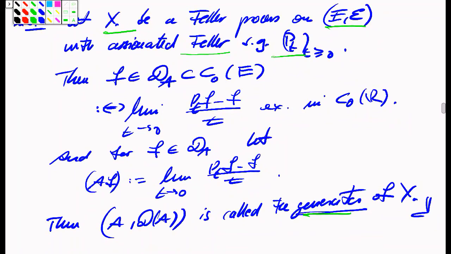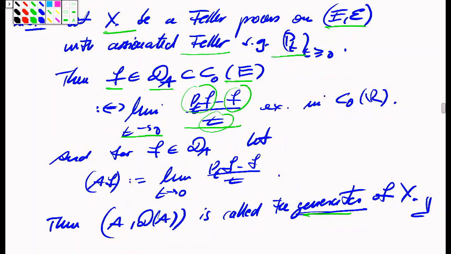Given a function f from the collection of continuous functions vanishing at infinity, we say that this function has the additional property that it belongs to a particularly good set, namely to the domain of the to-be-defined operator A, if the following limit exists. Namely, if we apply the semigroup to the function to yield a new function, from that we subtract the unperturbed function, the initial function, and we divide the whole thing by t and let t tend to 0.